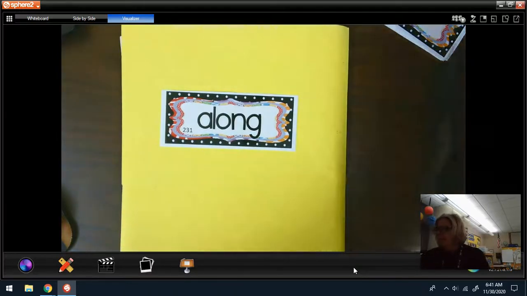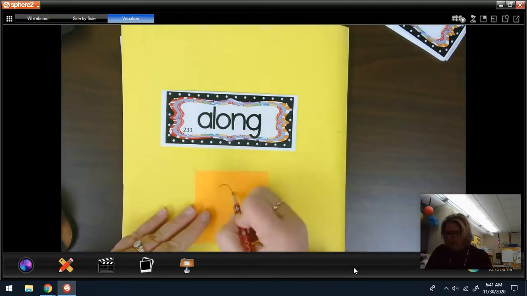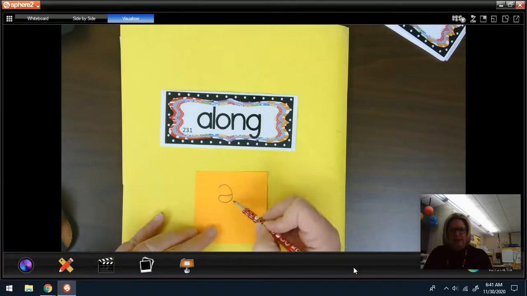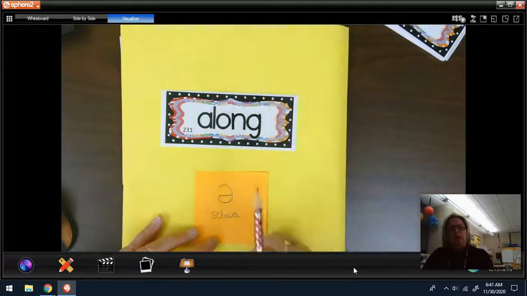You might remember seeing Mrs. Mead use the upside down E sign. That just means that the sound will be a schwa sound, and that's how you spell that, schwa. So this word along follows that rule.